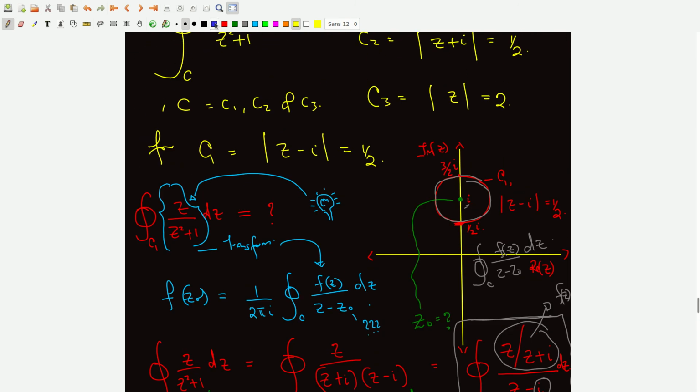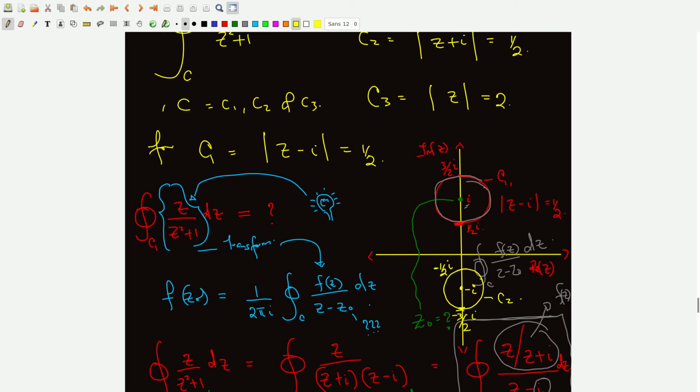We are going to sketch our C2. C2 now is a circle also of radius 1/2, but centered at negative I. So this is negative 1/2 I, and this should be negative 3/2 I. So this is our curve C2.